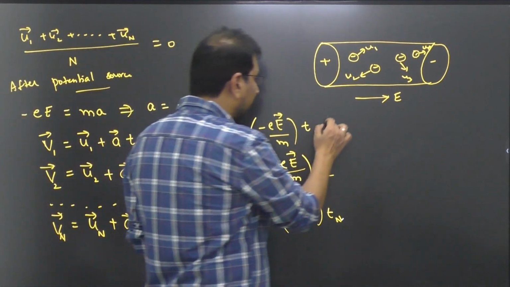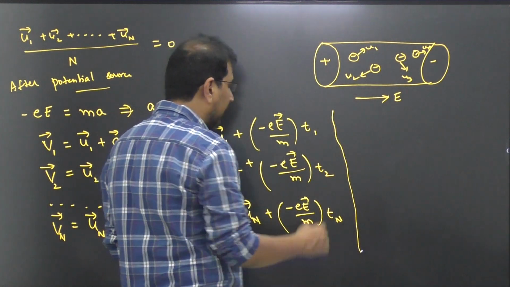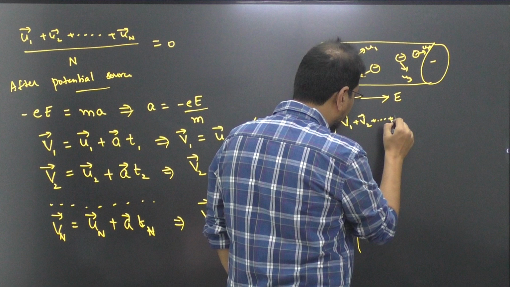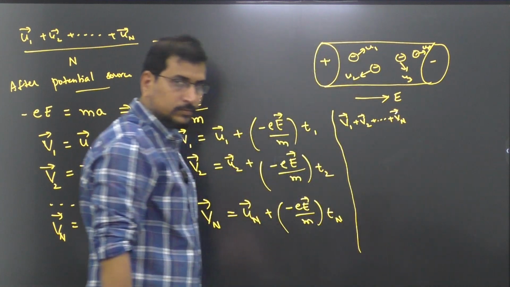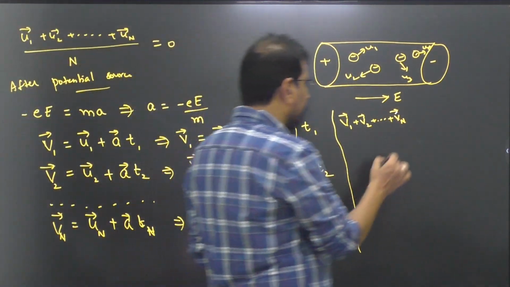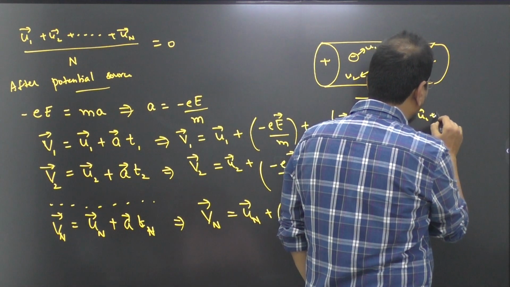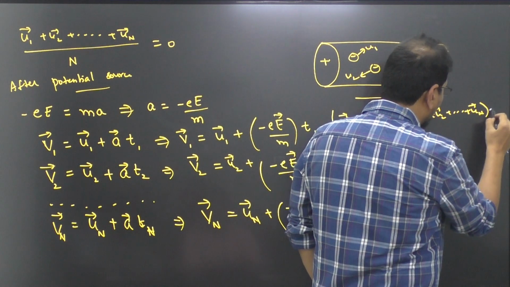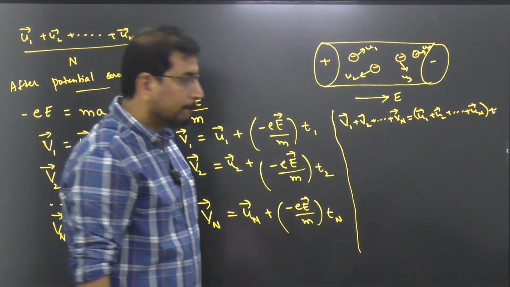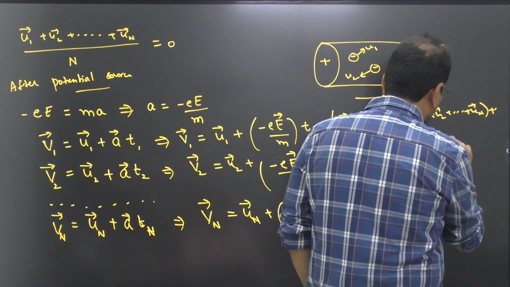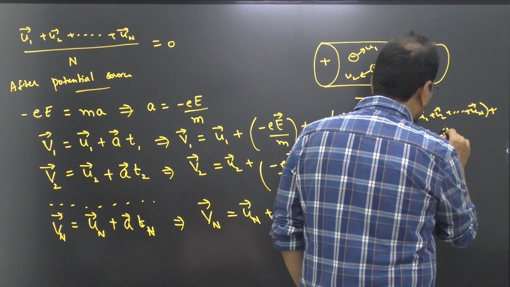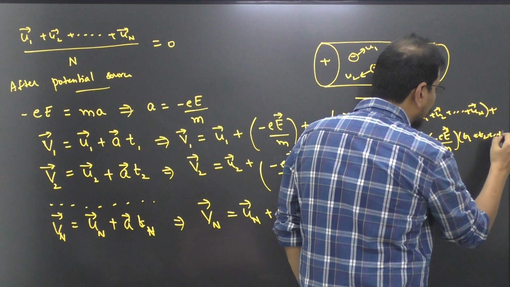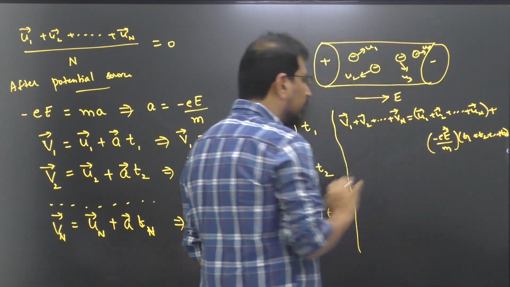When I add all these values, I get v1 vector plus v2 vector plus so on till v_n vector is equal to u1 vector plus u2 vector plus so on till u_n vector plus minus e into E vector by m into (t1 plus t2 plus so on till t_n), and this is going to be the value.